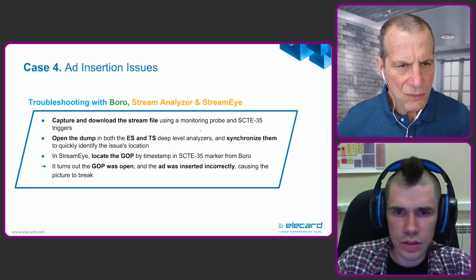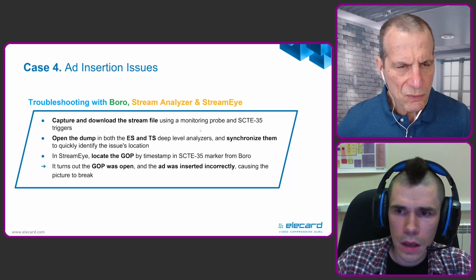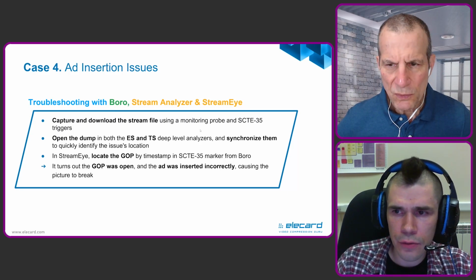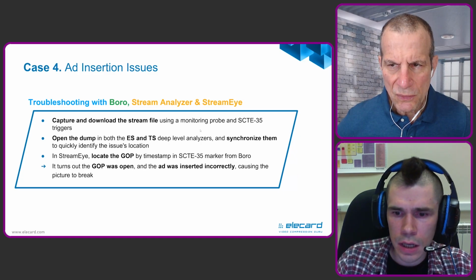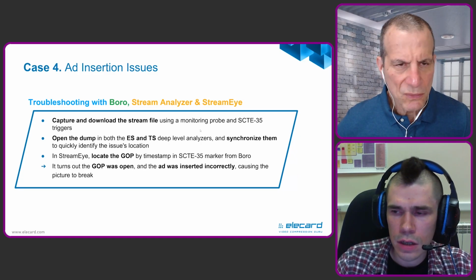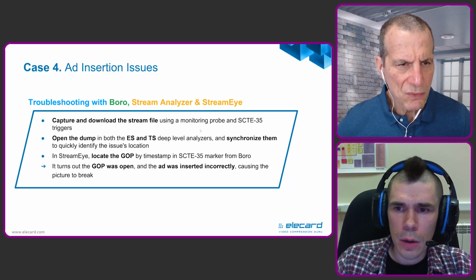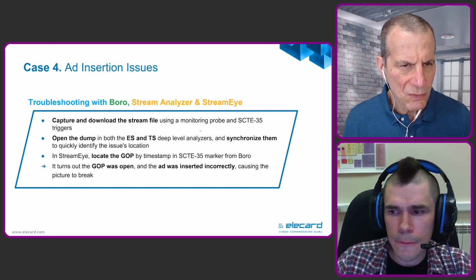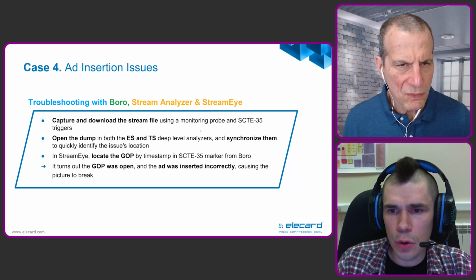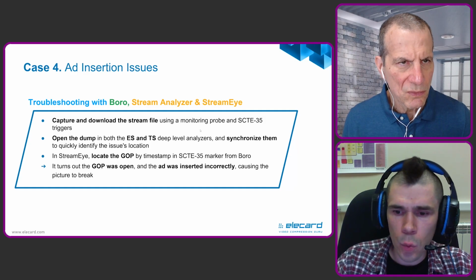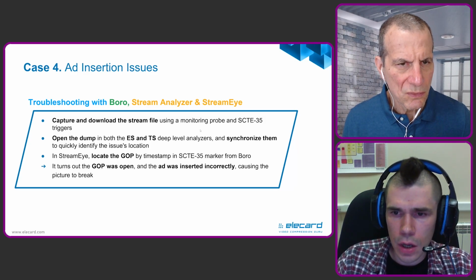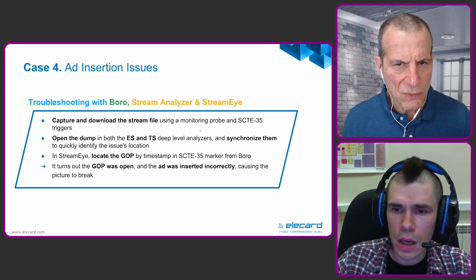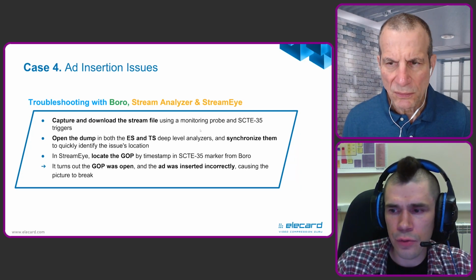We can open such a record there, find SCTE-35 ad insertion marks, and find the precise ad insertion time mark. We need just a time mark to find the corresponding video frame. So when we know the timestamp, we can open a video file in StreamEye and find the video frame by such PTS timestamp.